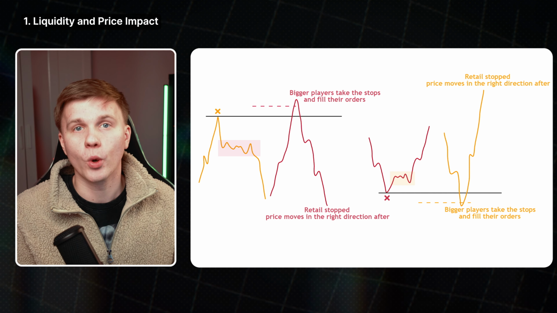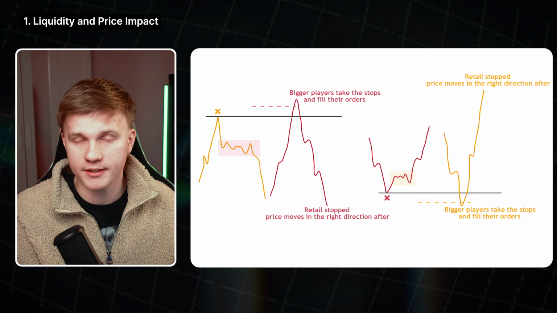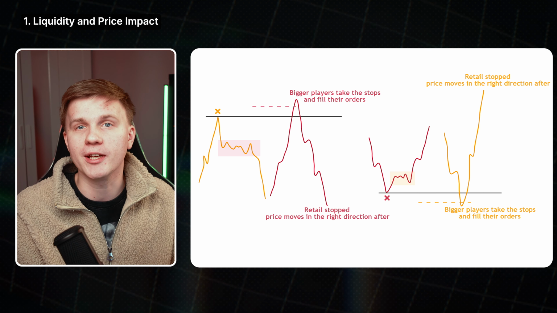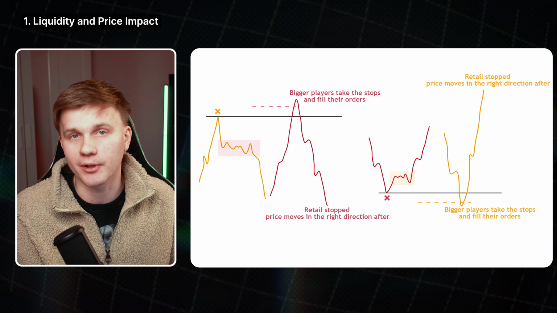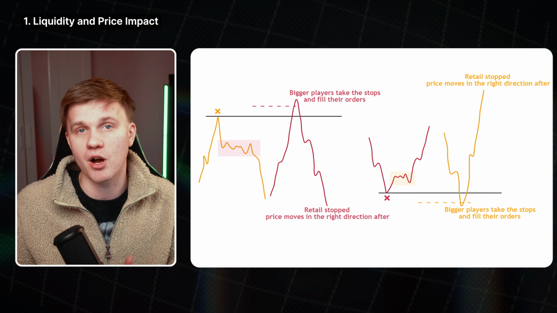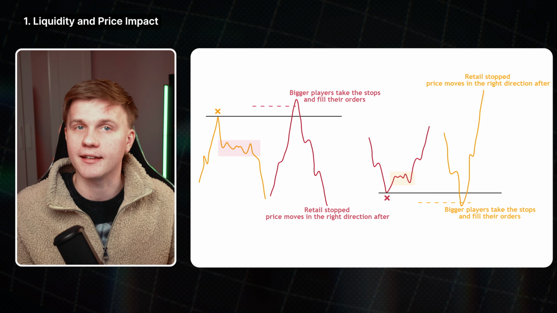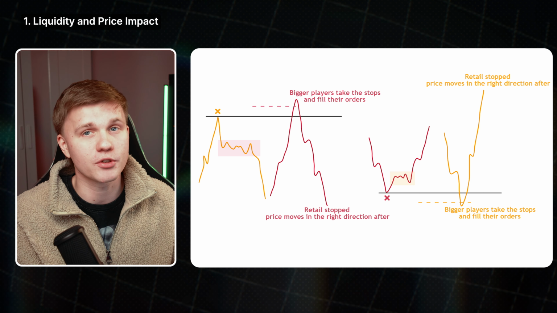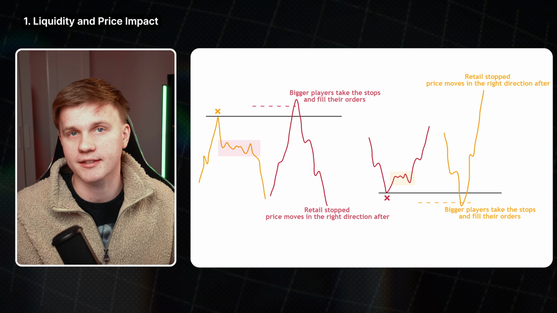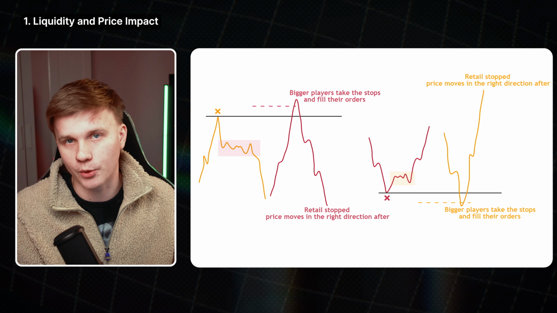When they buy, there need to be enough sellers in the market to match those purchases and vice versa. When large players place trades, their effect on price reveals the market's liquidity. If a large trade significantly moves the market, it indicates an illiquid market. In contrast, if the price barely reacts, the market is considered liquid.